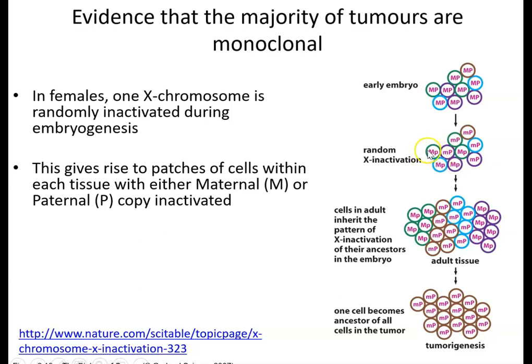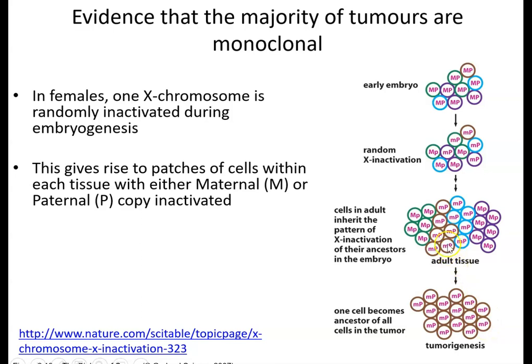So large M is a maternal X chromosome that's active, large P is a paternal X chromosome which is active. What we find in females is that if you look at the adult tissue, you've got a patchwork of maternal and paternal cells expressing that particular X chromosome. But when we look at individual tumours that form, they almost always have all the same X chromosome expressed.